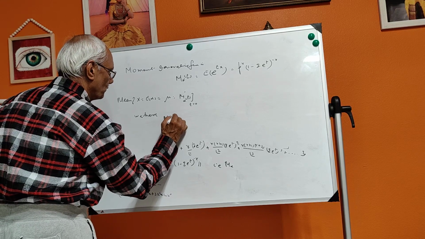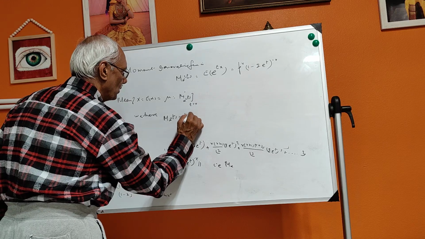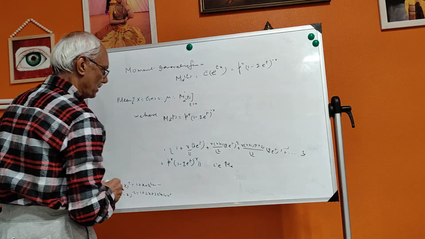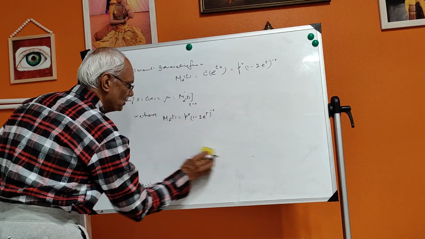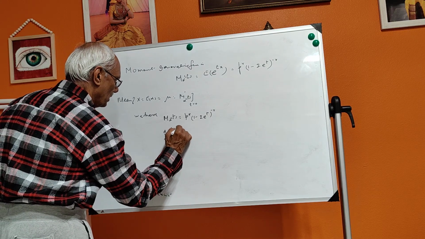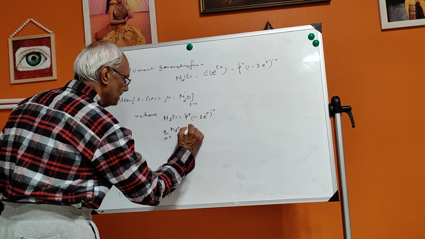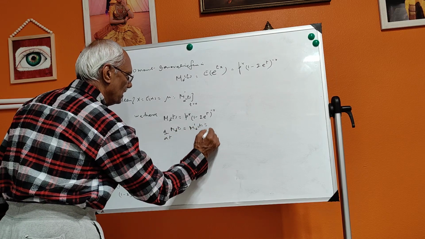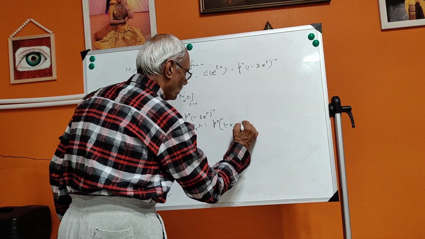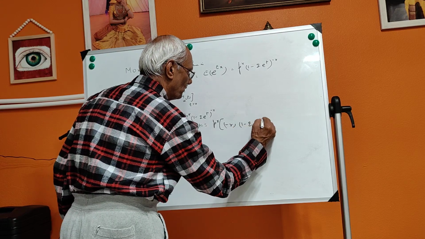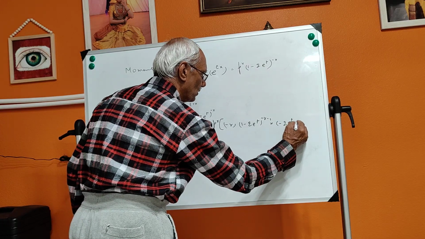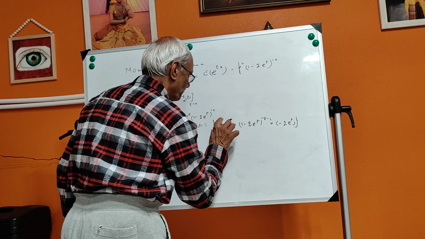We have M_X(t) = p^r (1 - q e^t)^(-r). Now differentiate with respect to t. d/dt of M_X(t), that is M'_X(t), is equal to p^r into (-r)(1 - q e^t)^(-r-1) into (-q) e^t.